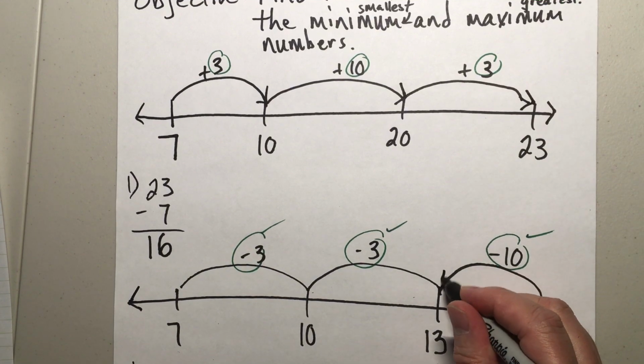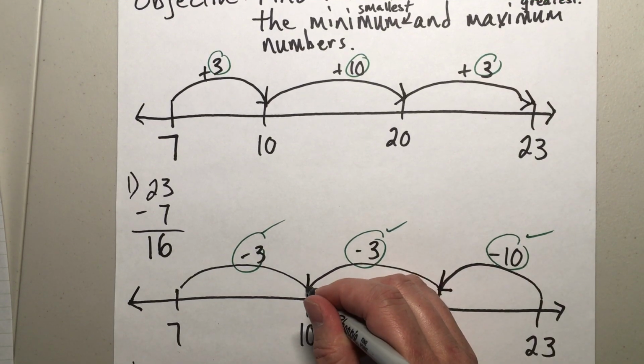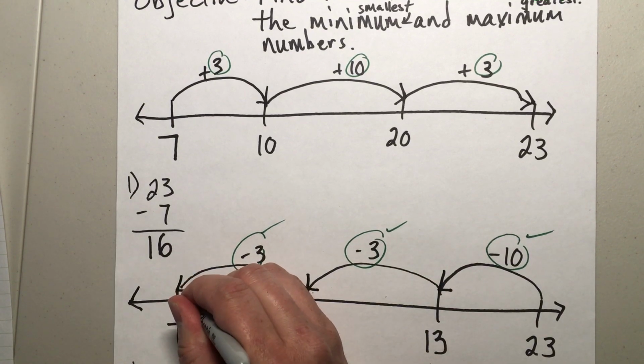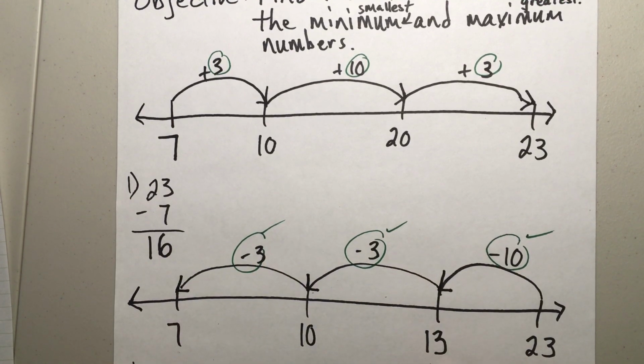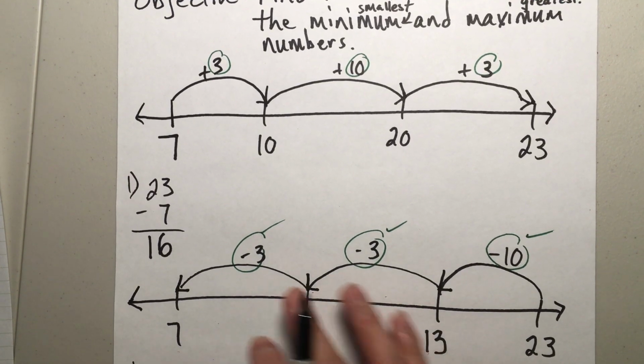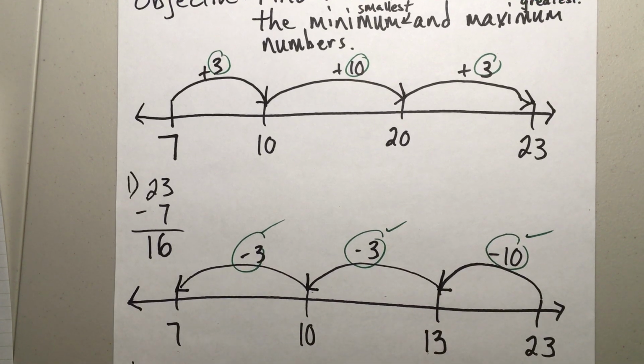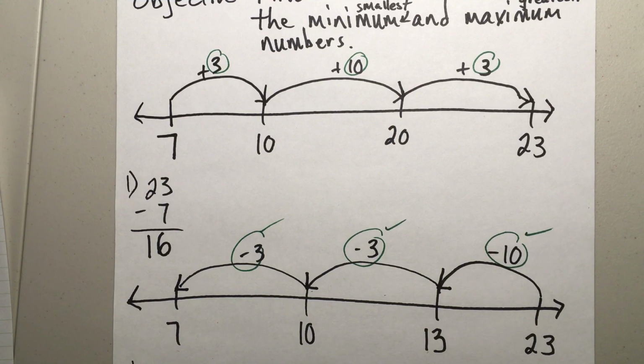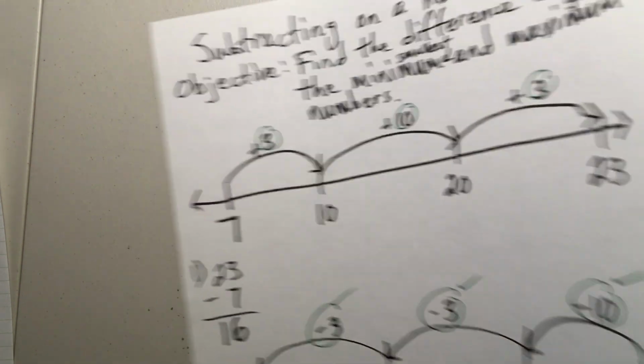When they go back, I've seen kids do this. That's not a bad strategy to use either. The most important thing to remember is that you're just trying to find the difference between the two numbers, that's all. Okay. All right, let's look at some more examples and let's just continue to practice.